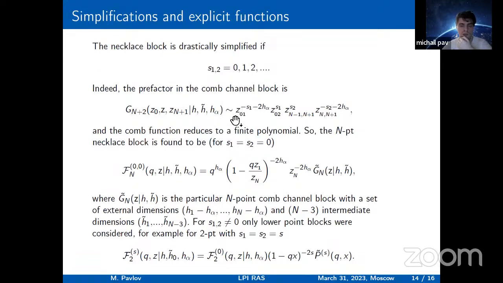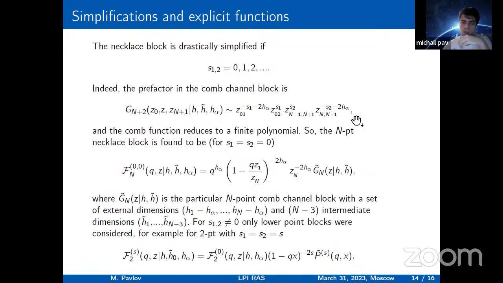So yeah, the thing is that if we consider these guys to be 0, the comp channel block is just some polynomial function in terms of z0 and zn plus 1. So here is an expression for any s1 and s2, but this is just the leading term.